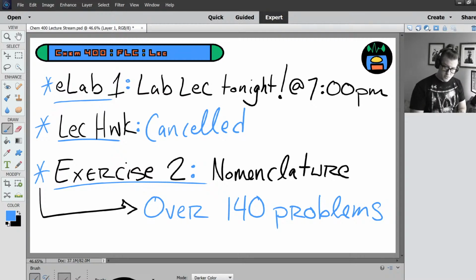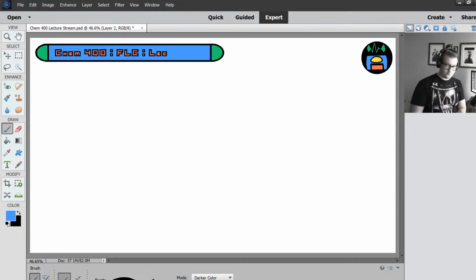Let's continue on with chapter 3. Now, you now know how to handle all of ionic nomenclature. You can name any ionic compound I can throw at you, or at least theoretically. If you want practice with this, hit up lab exercise 2 because it's nothing but nomenclature. As of right now, you can do all the ionic problems.